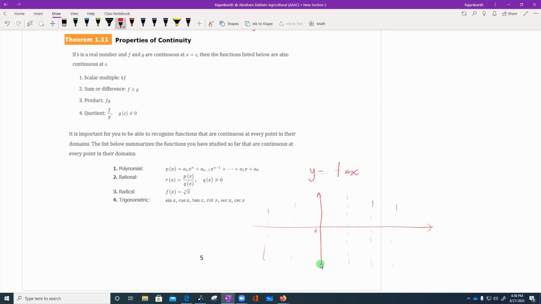So 0 here, this would be pi over 2, this is pi, this is negative pi over 2. If you look at the tangent curve graph, it's going like this.